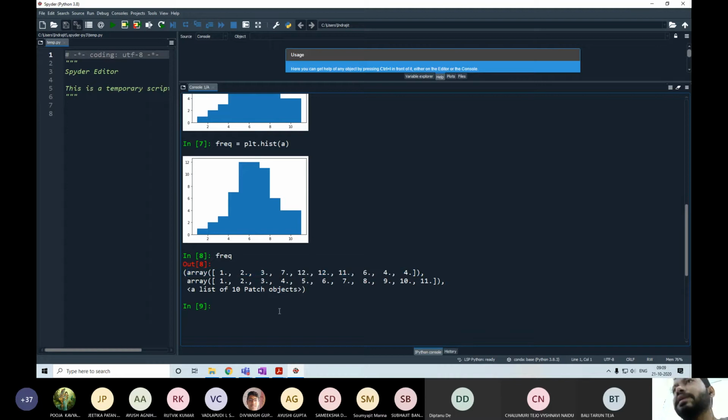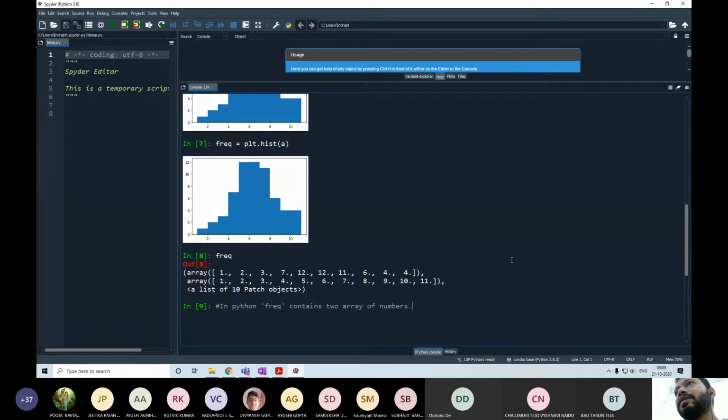Now, let me write a comment here in Python. This variable, that frequency, that is stored here, contains two arrays of numbers.